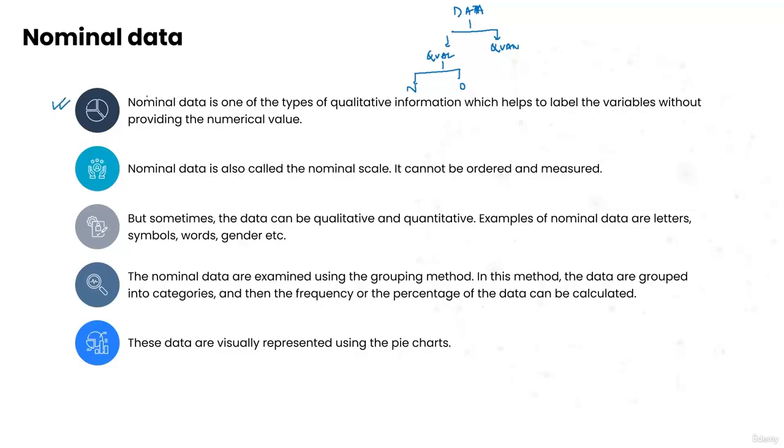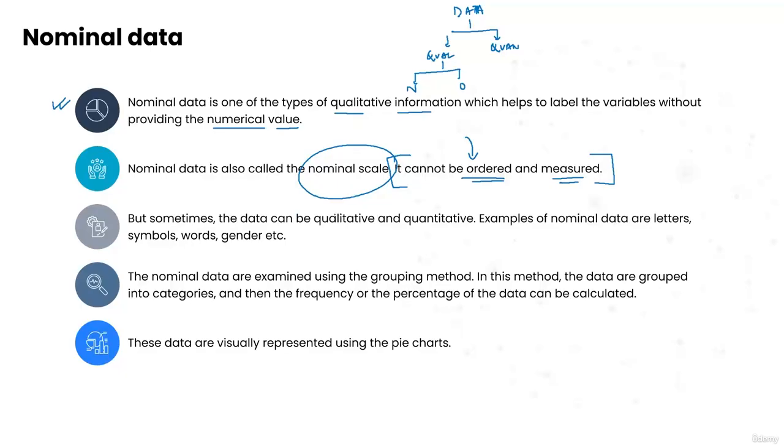Nominal data is one of the types of qualitative information which helps to label the variables without providing a numerical value. Nominal data is also called the nominal scale. It cannot be ordered and measured. This is the most important feature of nominal data, that it cannot be ordered.